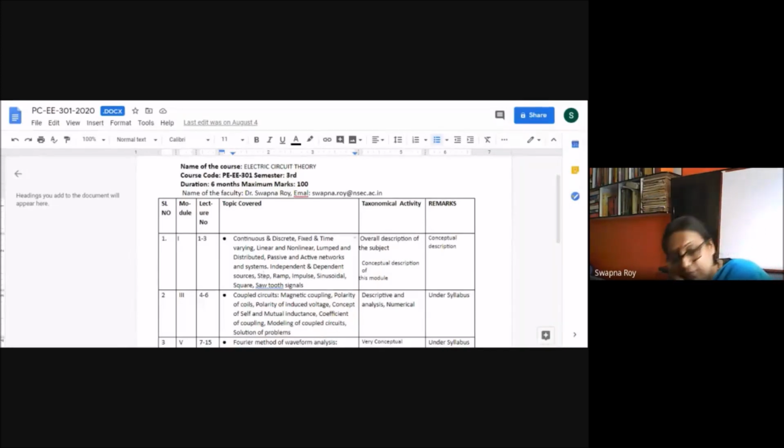Next, we learn some important signals, that is the step signal. What is a step? You know the staircase. So in each step, after that, there is some flat portion.